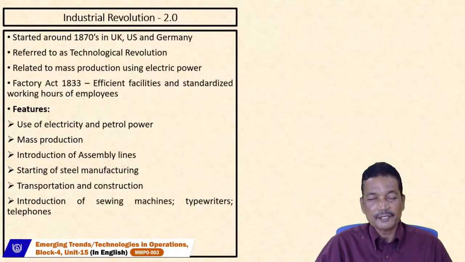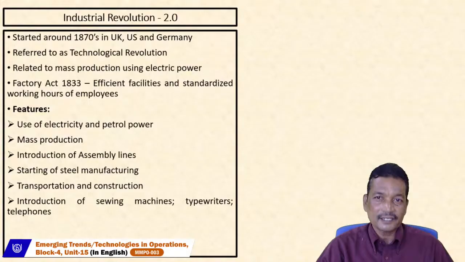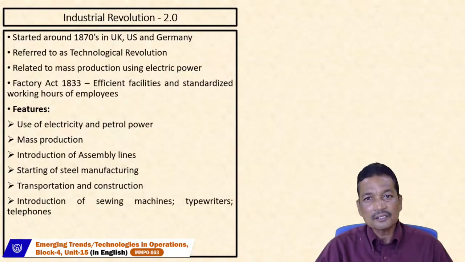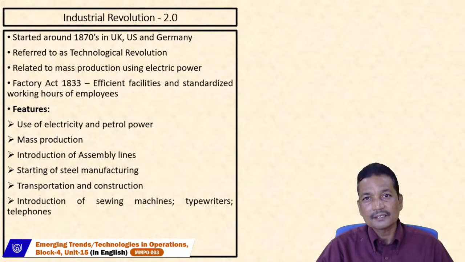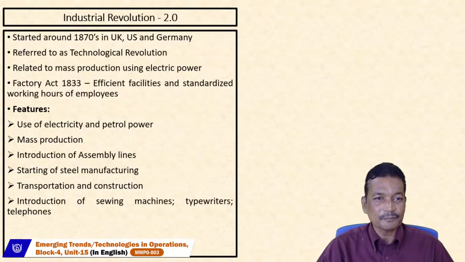New technologies were cropping up. Advanced technologies were coming up to produce various items. And one of the major things that happened during Industrial Revolution 2 was the use of electricity or electric power to run the machines instead of steam power. So, this was an era where electric power was coming into the picture.